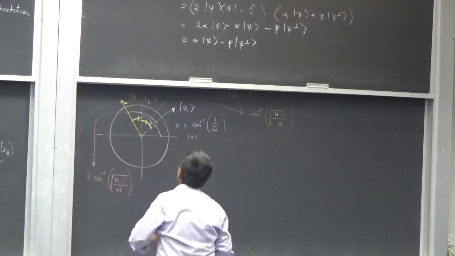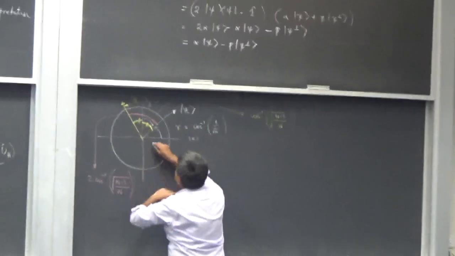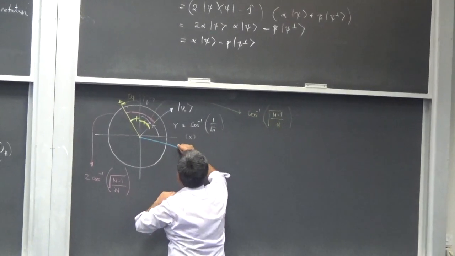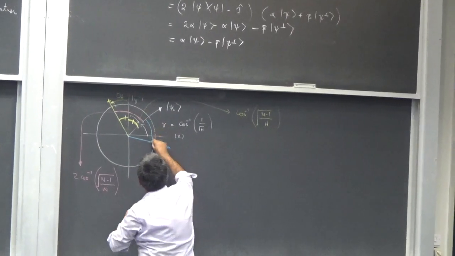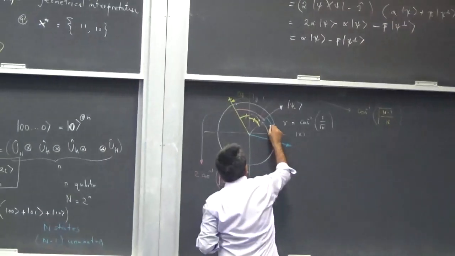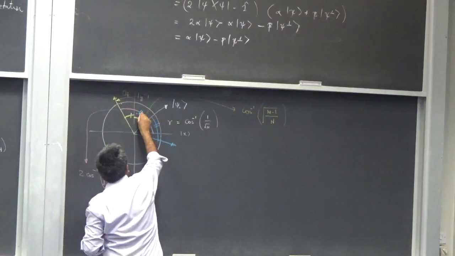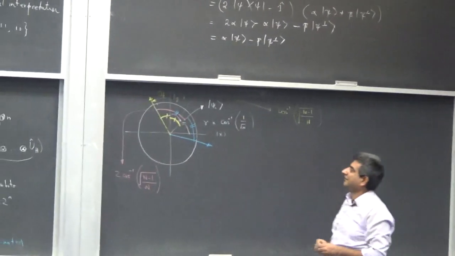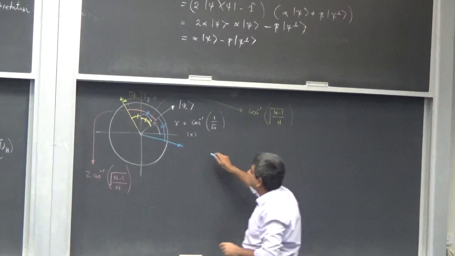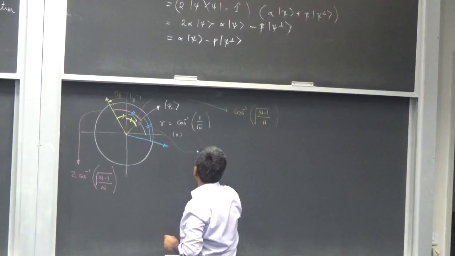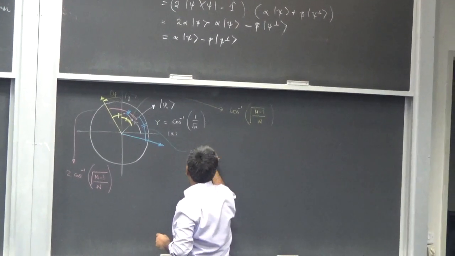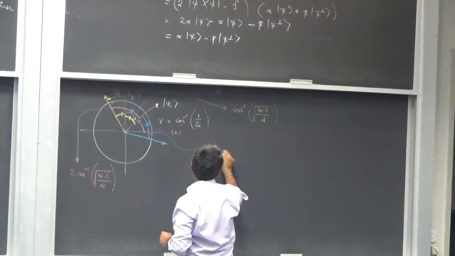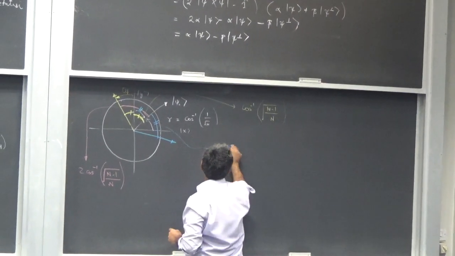So I take this vector and I move it by some amount forward. The amount that I move forward is the same as this thing. So this angle now is also 2 times cosine inverse of root of (n minus 1) over n.